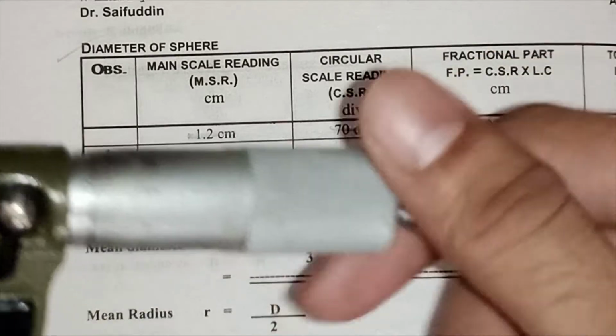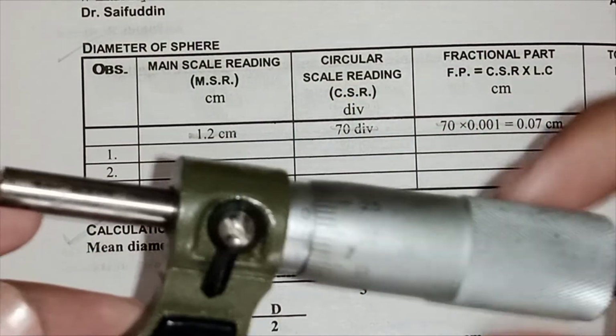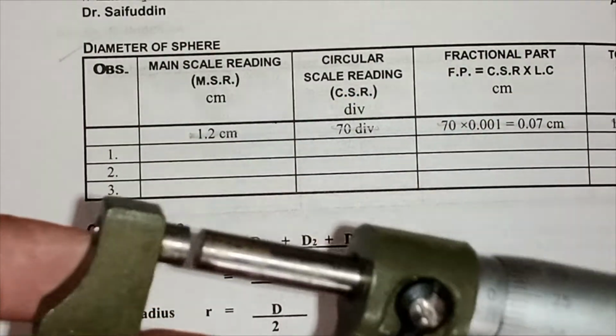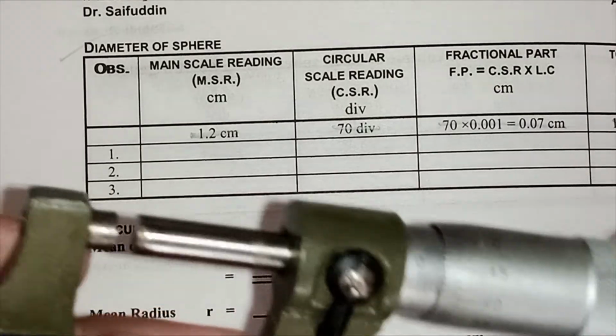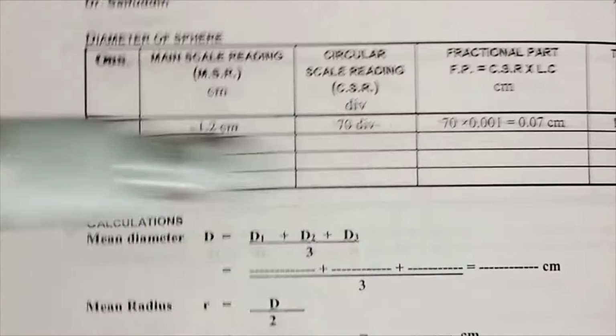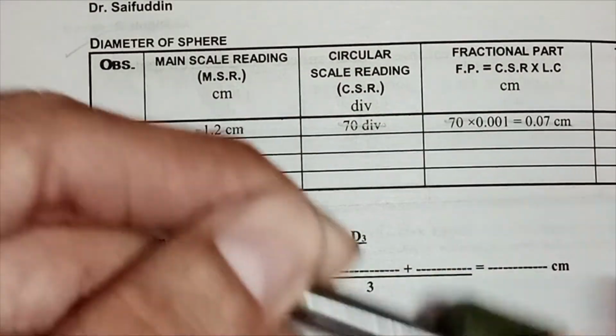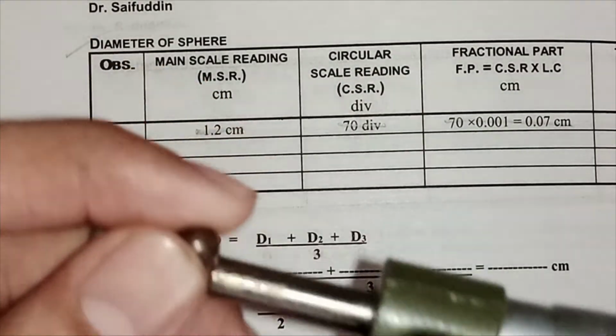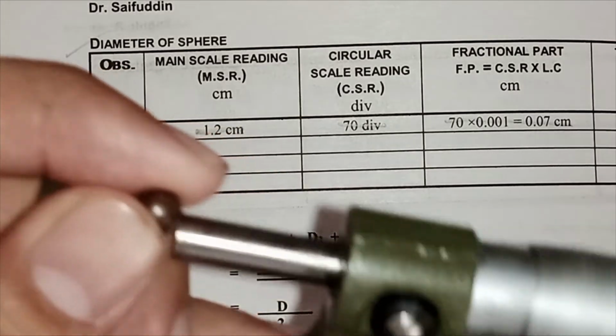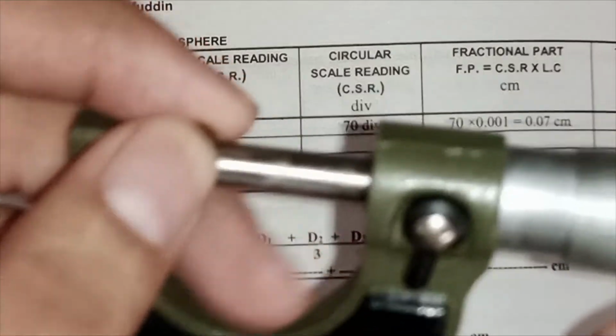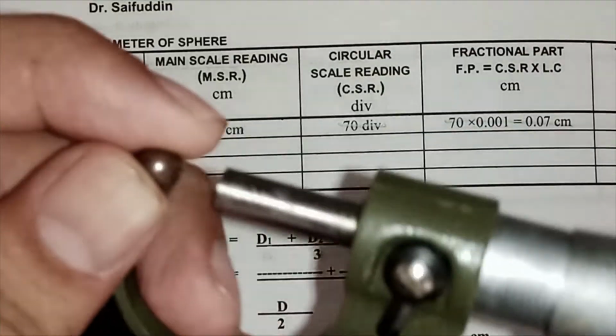How will you operate the instrument? You will open it in this way. You will rotate it according to your sphere size. So I will hold my apparatus in this way, and this is the sphere.